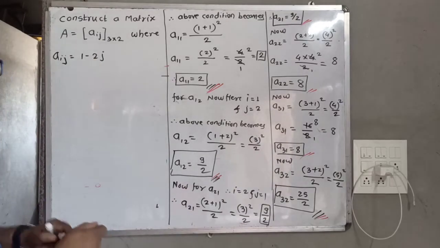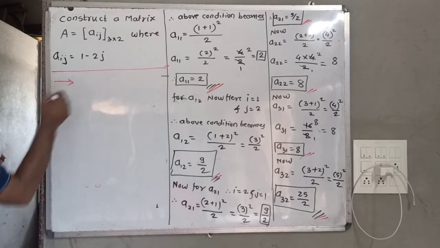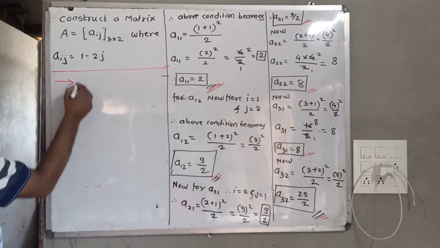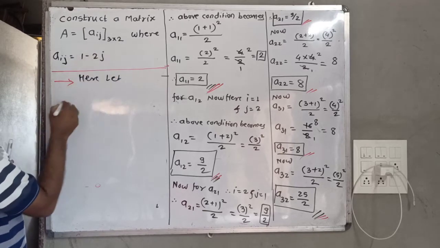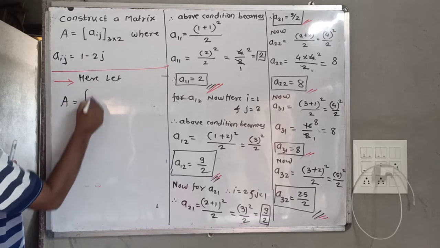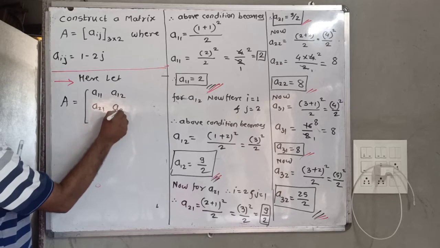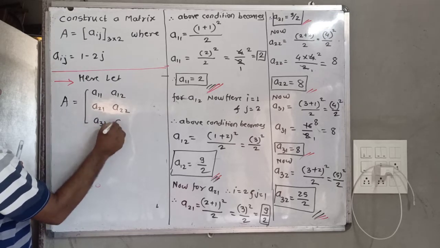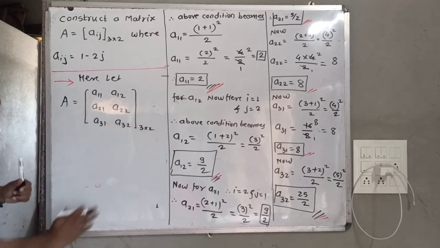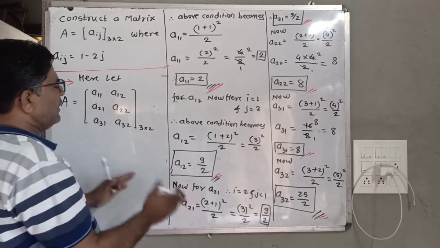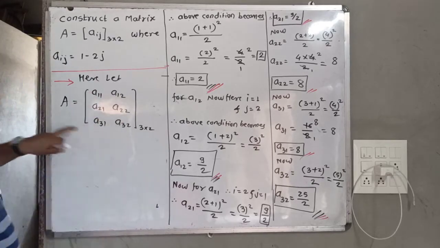Now the solution is, what's the solution? Here it is a 3 by 2 matrix, therefore A will be a matrix A11, A12, A21, A22, A31, A32. This will be a 3 by 2 matrix. When we solve all elements, then we are going to put the particular value of each element into this matrix.